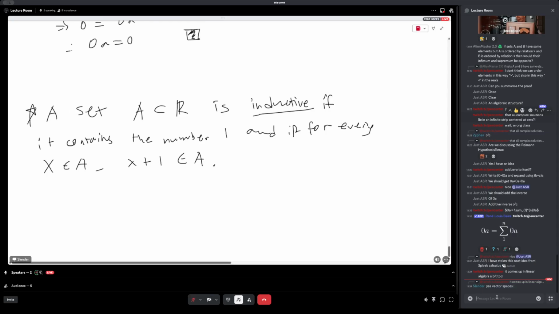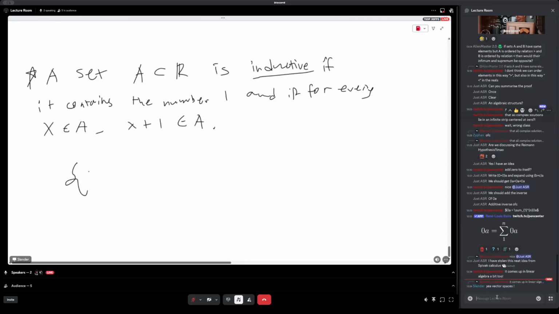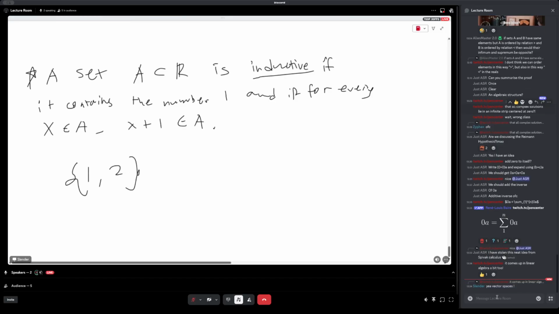So basically, let's say we start with the set 1, and for every x in A, x plus 1 is also in A. So then we get 2, and because this is also some x in A, then we get 3. Is this an inductive set? Does this satisfy the definition?